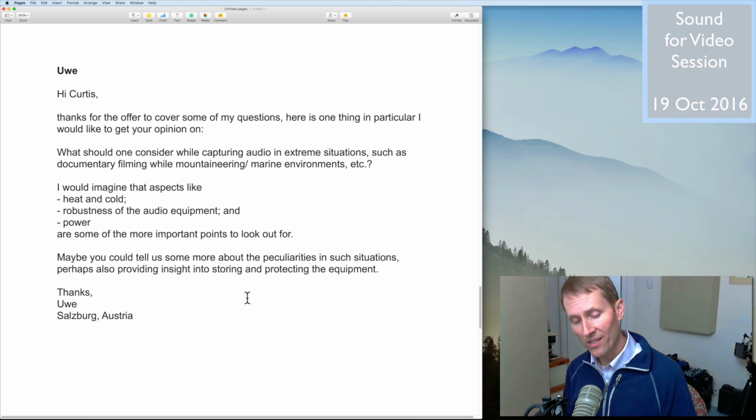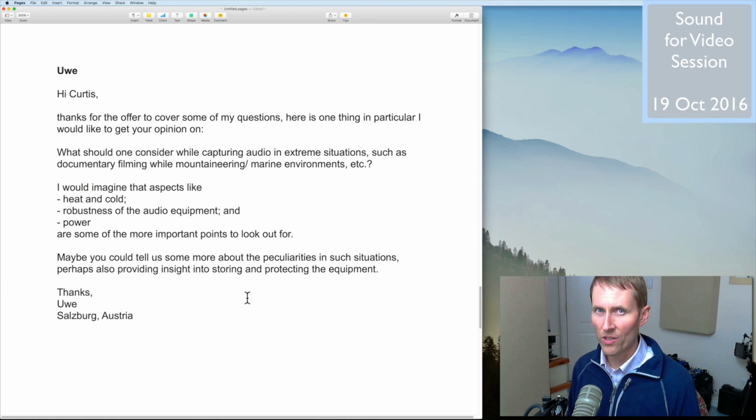In terms of heat, it's a similar situation. If things get too hot, you never want to leave your recorder and your batteries in a sealed car in the heat. Cars can easily get to very, very hot temperatures, in which case the electronics of your recorder and the batteries can be damaged.